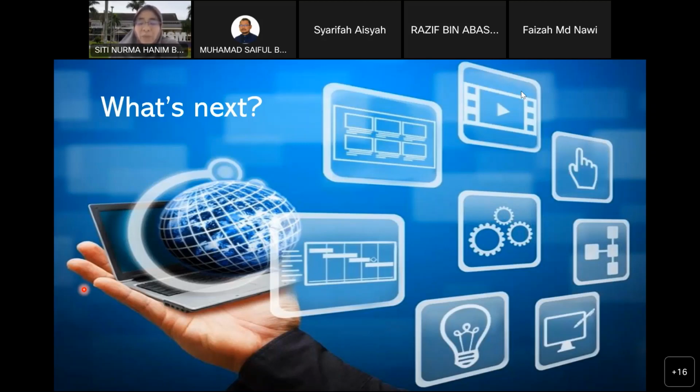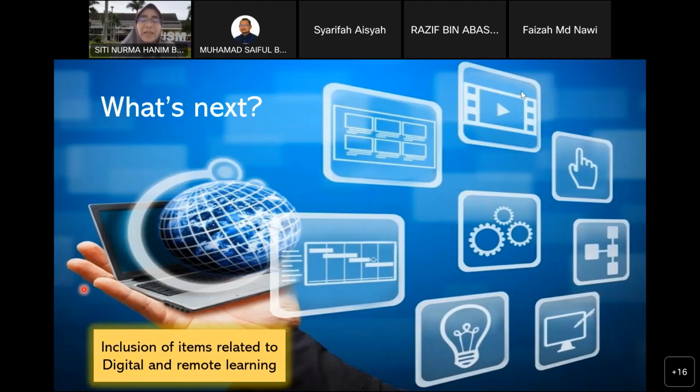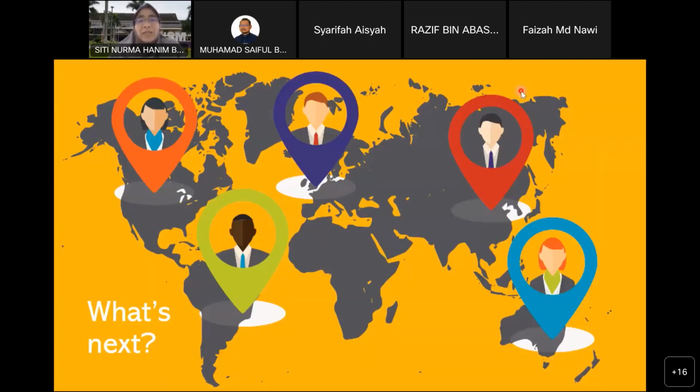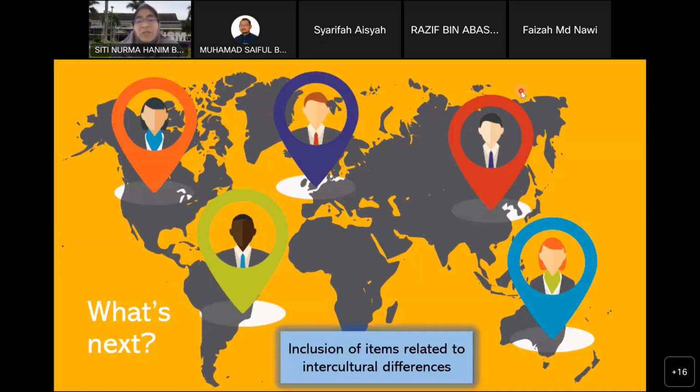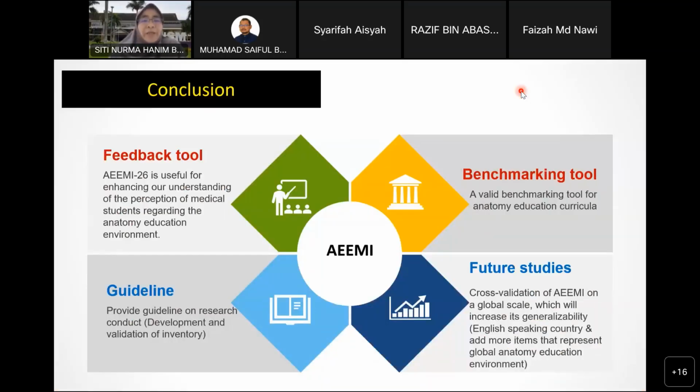So we believe that we need to revalidate our inventory, but the process should begin from item construction. We need to include other items related to digital and remote learning as well. Not only that, at this point we should involve experts from different countries to address intercultural differences. As a conclusion, it is a valid and reliable tool.